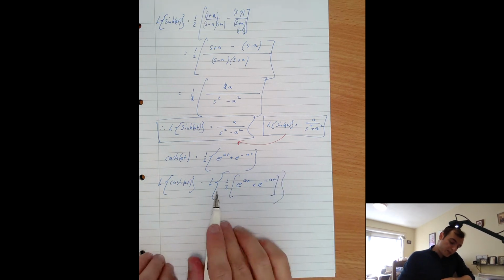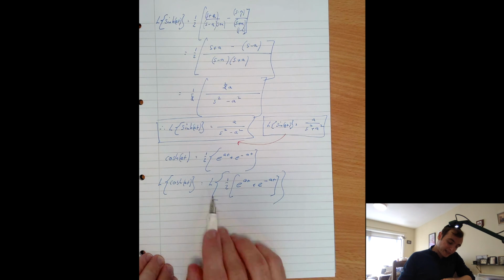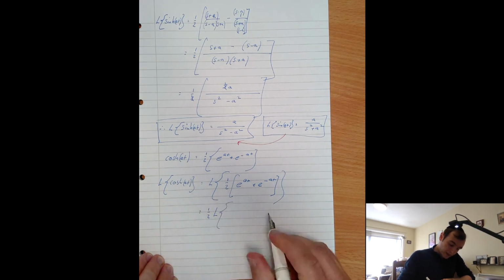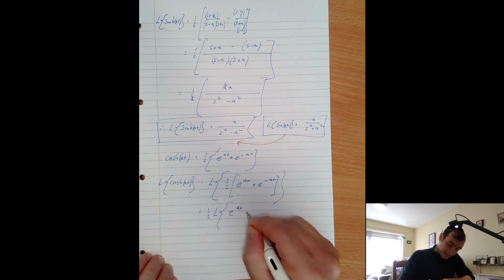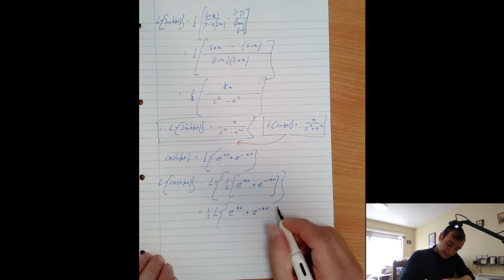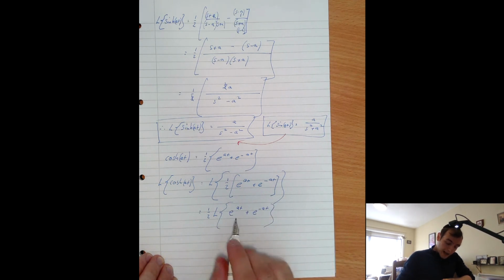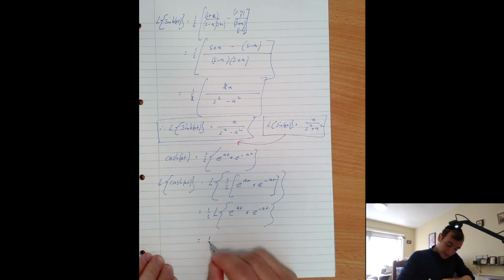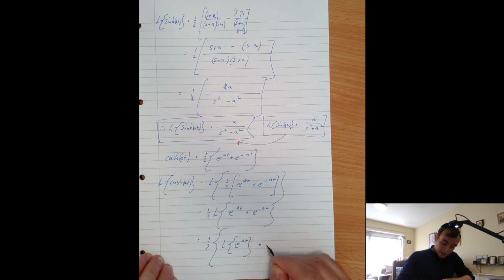And now what we're going to do is use the property of linearity. And we can take the half out. That's going to be half of the Laplace transform of e to the at plus e to the minus at. And using the linearity property again, we can say this is going to be half of the Laplace transform of e to the at plus the Laplace transform of e to the minus at.